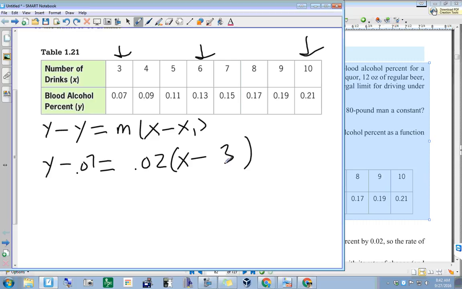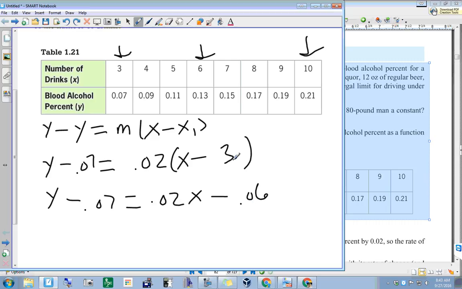Okay. So now it's just going to be y minus 0.07 is equal to 0.02x minus, what's that going to be? It shouldn't be mystifying you. What's 2 times 3? 6.